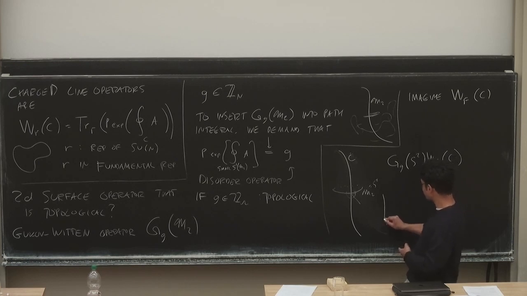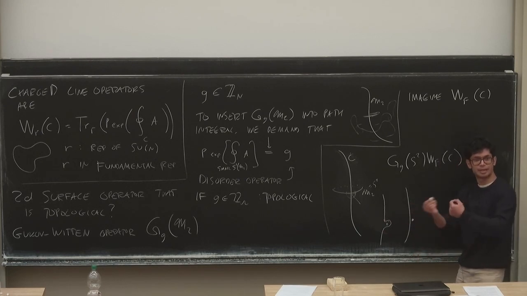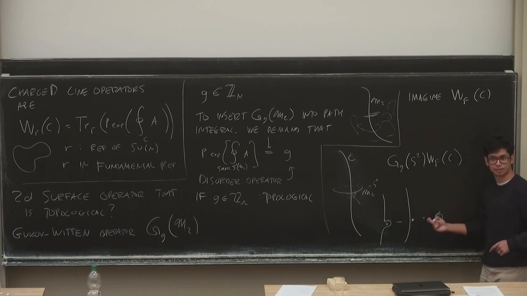So my Wilson line in one case is going around this thing, and in the other case is not going around this thing. That's what's happening as I'm dragging it through. The difference between these two cases is basically the Wilson line going just around the operator itself. Does that make sense, this picture that I'm drawing here?